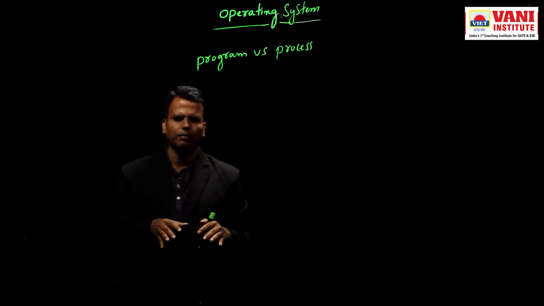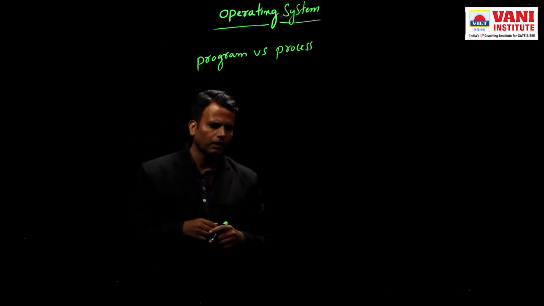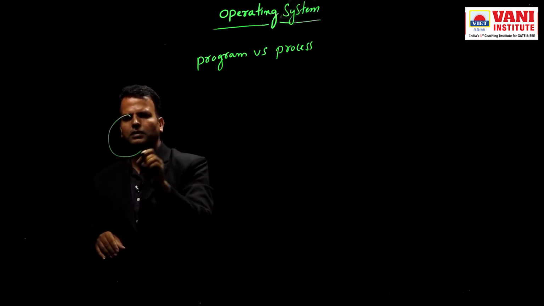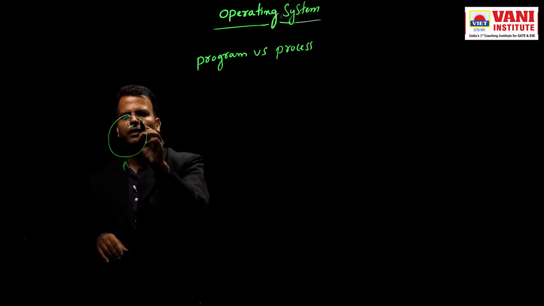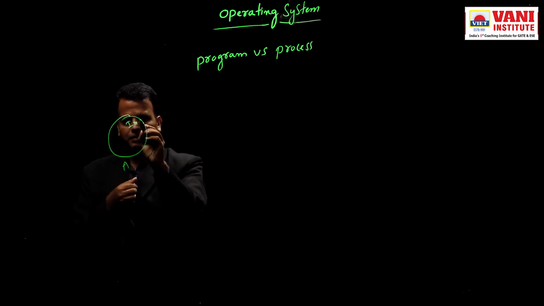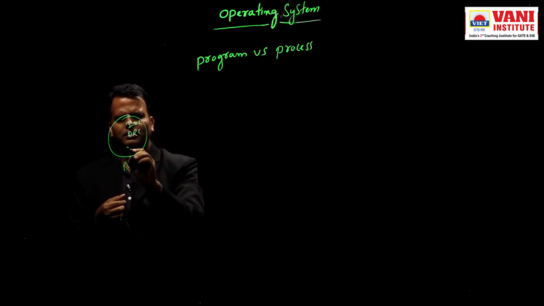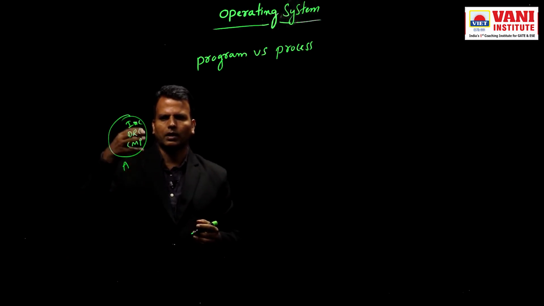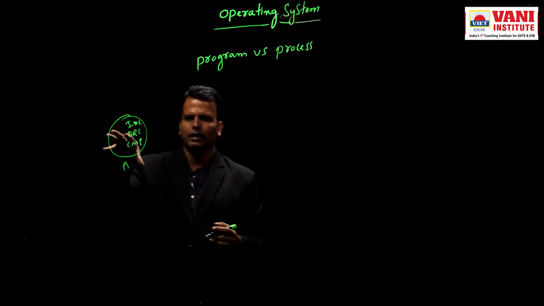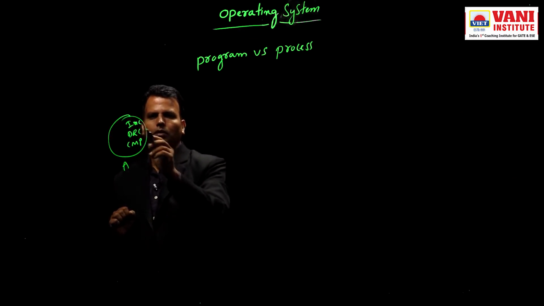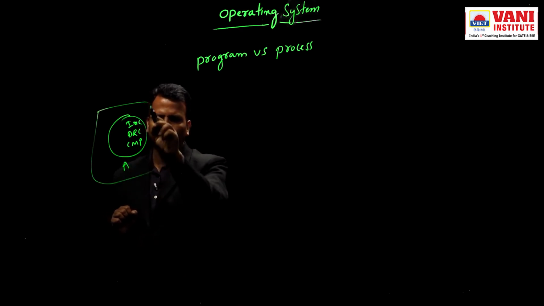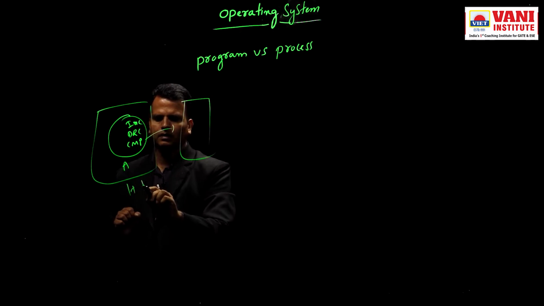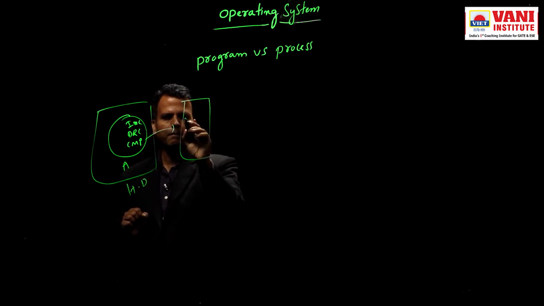If you compile a program that is present on the hard disk, and you want to execute that program, you need to bring it into the main memory. Suppose this is program A, which has the instructions increment, decrement, compare. These three instructions are in the program. After compilation, I kept it on the hard disk. To execute it, I need to bring this program from the hard disk and keep it inside the main memory.